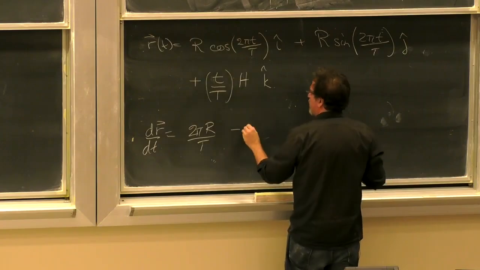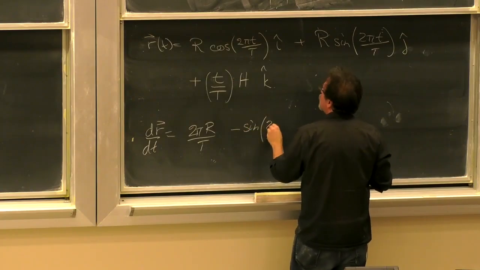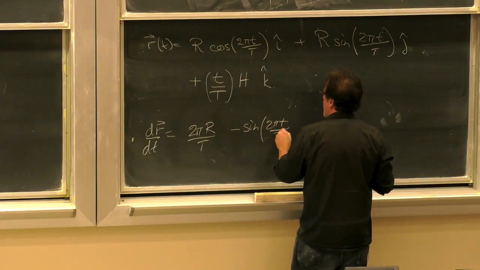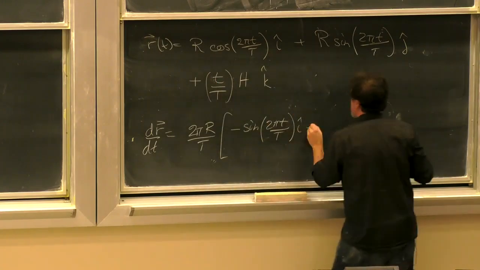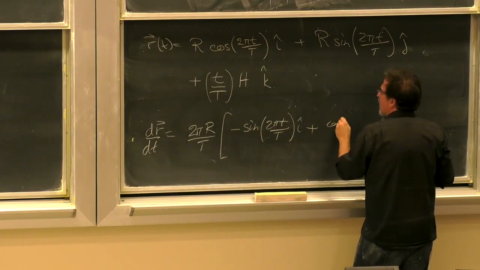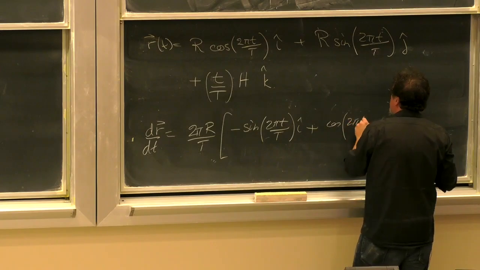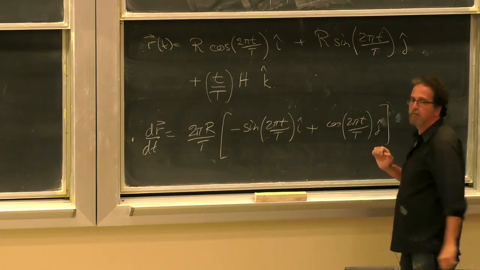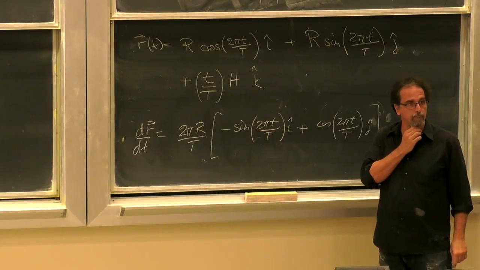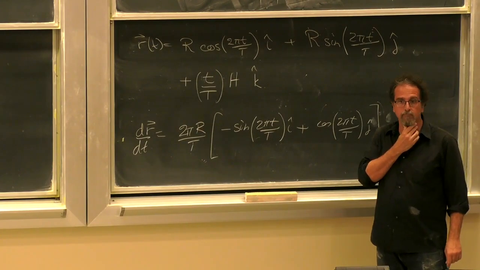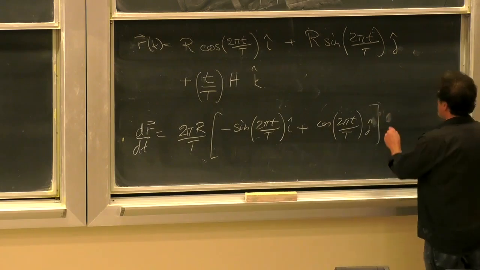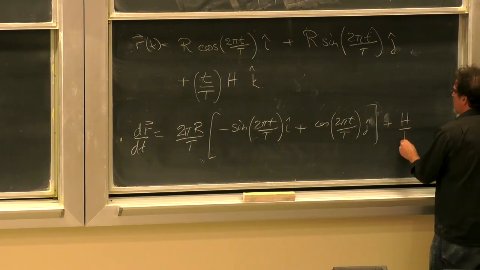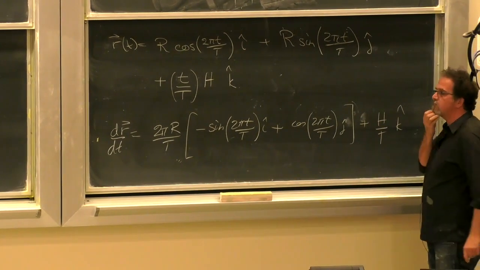Minus the sine of 2 pi t over capital T i hat, plus the cosine of 2 pi t over capital T j hat. That's just this term and that term. Plus the time derivative of the k hat component.